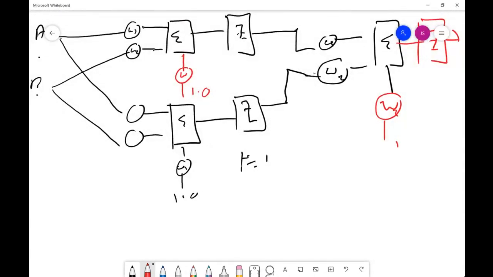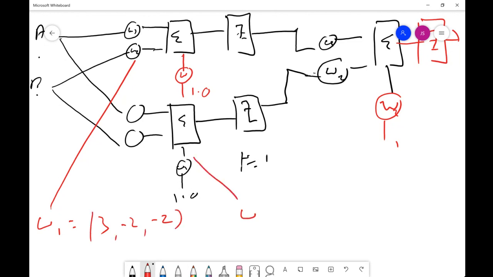And we are told that the weight vector here, W1, is equal to 3, minus 2, minus 2. The weight vector here is W2, which is minus 2, 3, and the bias is minus 2.